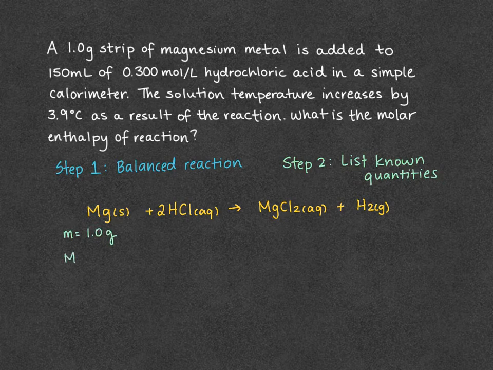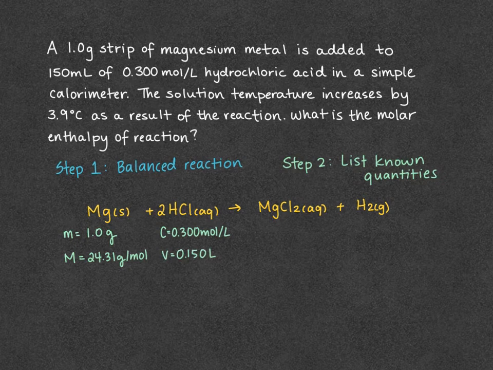We can always look up the molar mass from the periodic table, which is 24.31 grams per mole. For hydrochloric acid, we have a concentration of 0.3 moles per liter and a volume of 150 milliliters or 0.15 liters.